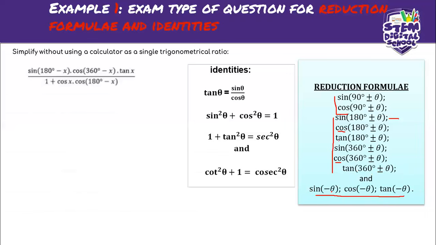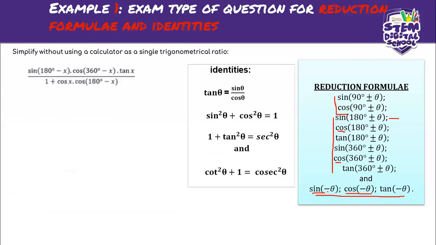Then we move to the negative angles. For instance, we're having sine into negative theta. The answer is negative sine theta. Cos into negative theta. The answer is positive cos theta. Tan into negative theta. The answer is equals to negative tan theta. Now the reason why only cos is positive is because remember when we count our angle, we normally move anti-clockwise, right?